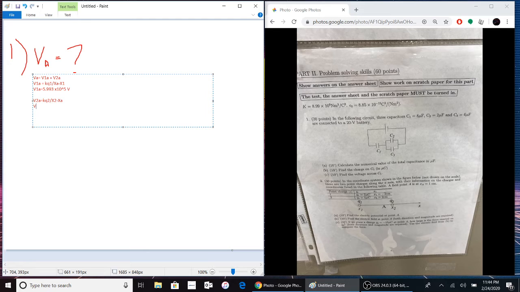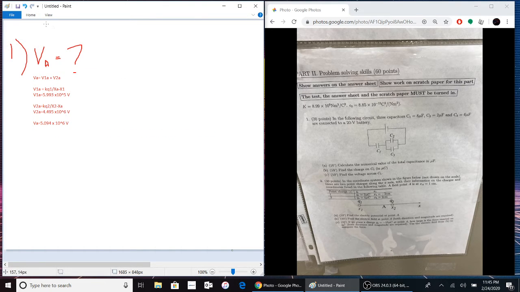When you calculate that out, V2A comes out to be 4.495 times 10 to the 6th volts. So we end up adding these two together. So V1A plus V2A gets us VA equals 5.094 times 10 to the 6th volts. That's for part A.